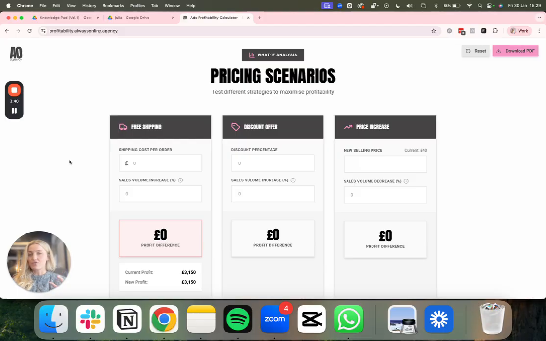For example, if you wanted to do free shipping, it shouldn't mean that you are making less money. If we have an offer going, we always expect to have an increase in sales volume if we're doing that. So let's say shipping costs £1.50, and if I just offer that and I swallow that expense myself, I would lose 300 quid.